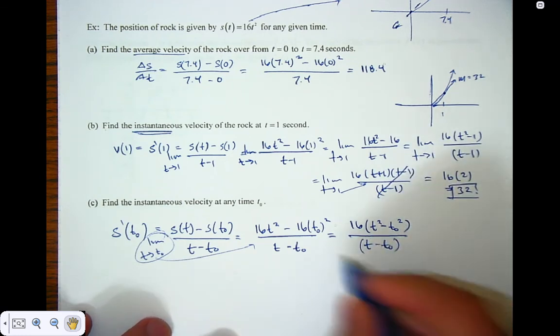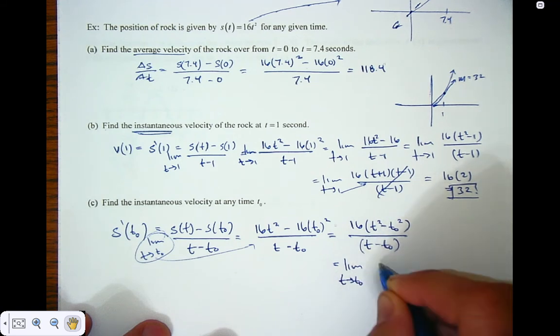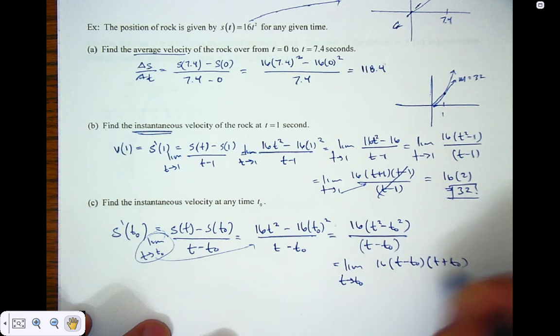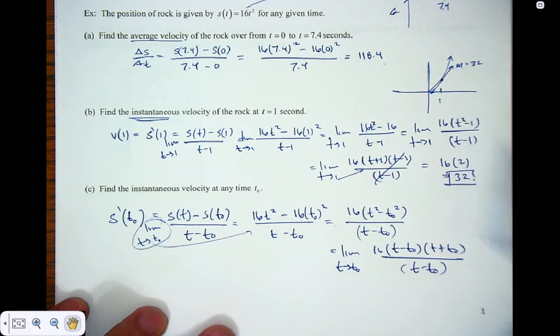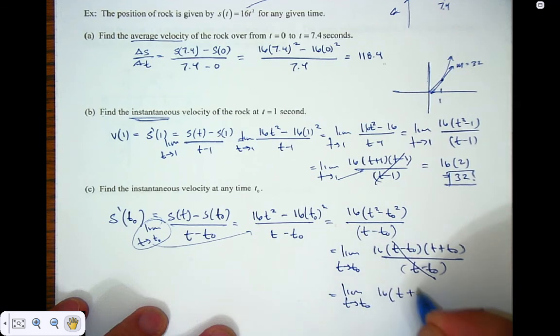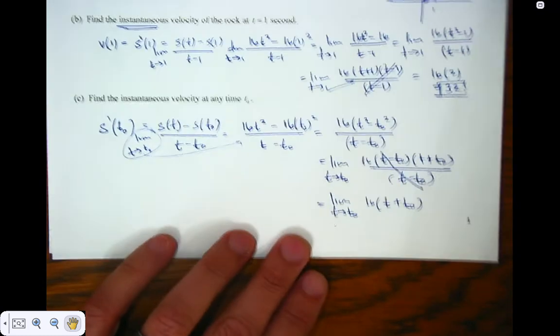This is the difference of two perfect squares. So let's bring that limit back here. We have the limit as t goes to t0 of 16 times t minus t naught times t plus t naught over t minus t naught. Again, all I'm doing is factoring. These cancel. And so you have the limit as t goes to t naught of 16 times t plus t naught. Well, first rule of limits, direct substitution.